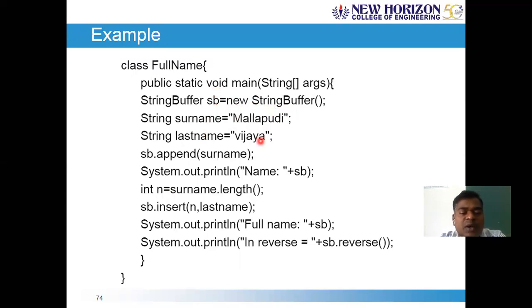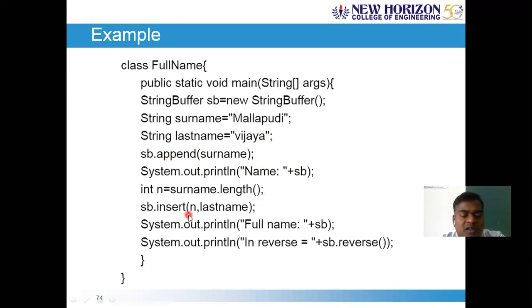These are the two string values I am creating. Then to attach the surname to the string buffer object sb, you do sb dot append of surname. Then you print the current status of sb, which is Mullapudi, followed by its length, and print it to the console.